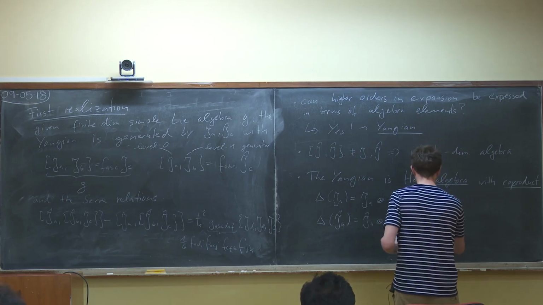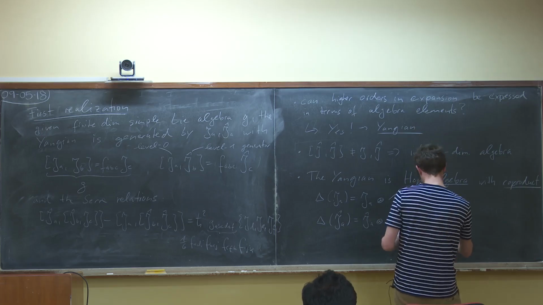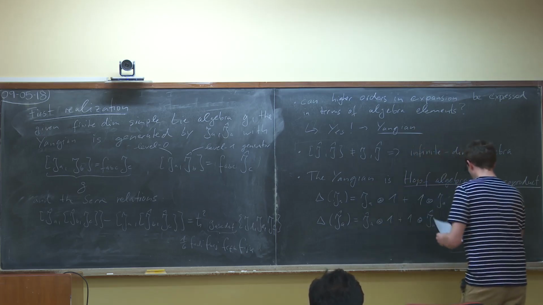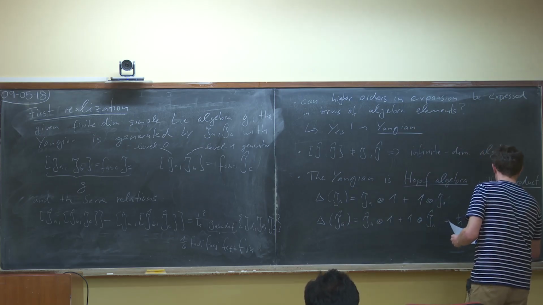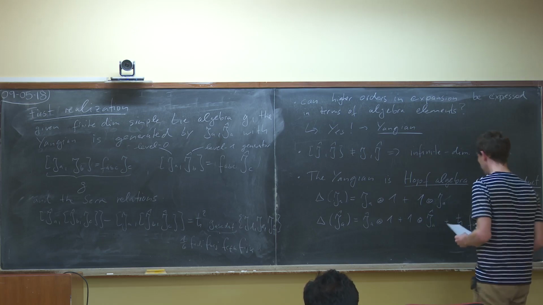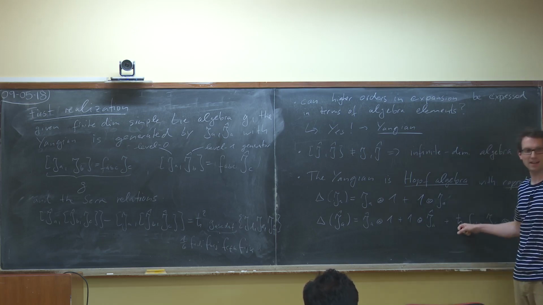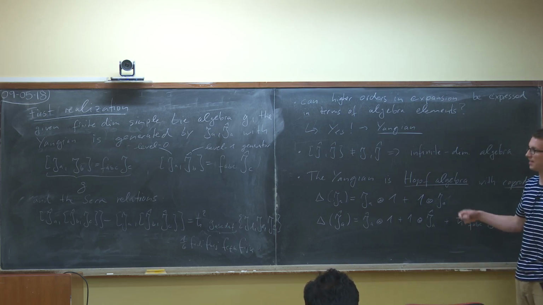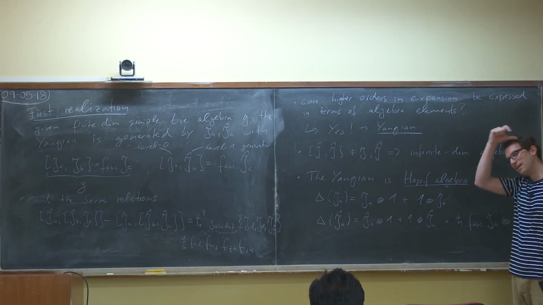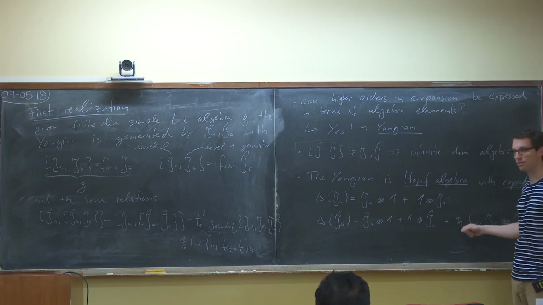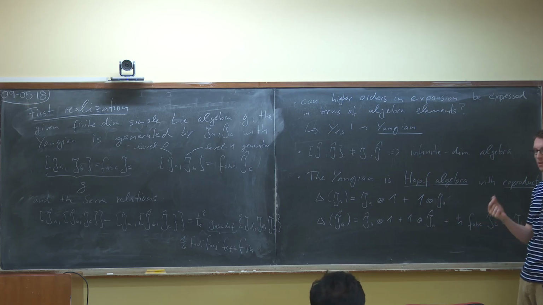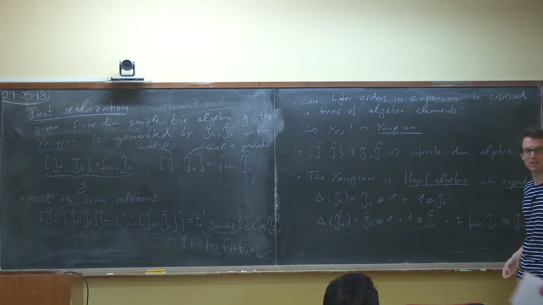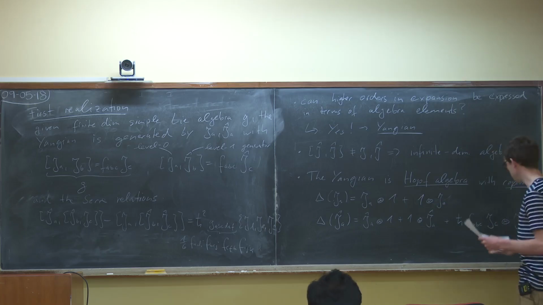So J hat A plus h bar f_{ABC} J^C J^B. I always keep this h bar here. In principle, Drinfeld defines the Yangian as the algebra defined by these relations for h bar being 1. One can also rescale the generator so that one gets rid of h bar, but it's useful to see where the quantum deformation of this quantum algebra comes in.